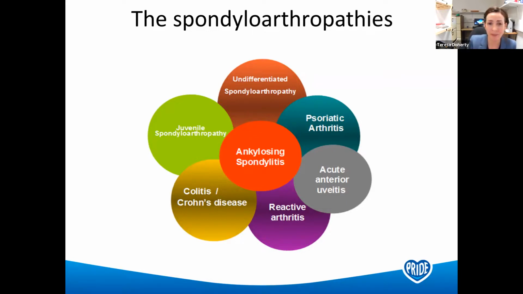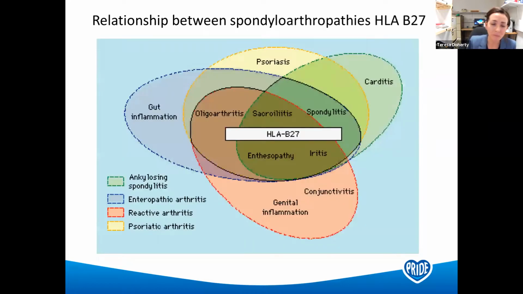We'll see something very similar in a minute. The link is the HLA-B27 association. To put it differently, the associations are sacroiliitis, iritis, spondylitis, carditis, gut inflammation, oligoarthritis, conjunctivitis, and genital inflammation.